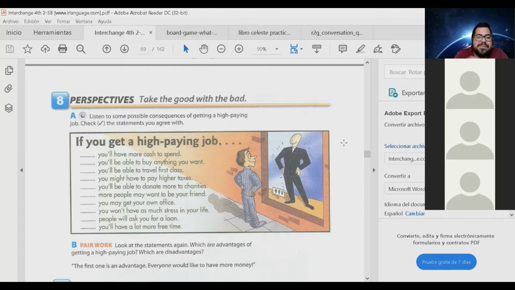If you have good money, high salary, a good paying job, well, more people may want to be your friend, right? That's a possibility, and a strong possibility. The next one, maybe Carlos can help me read the next two. If you get a high paying job, you may get your own office. Could be possible.